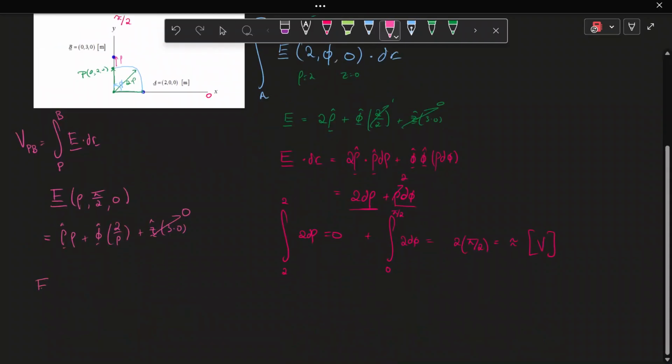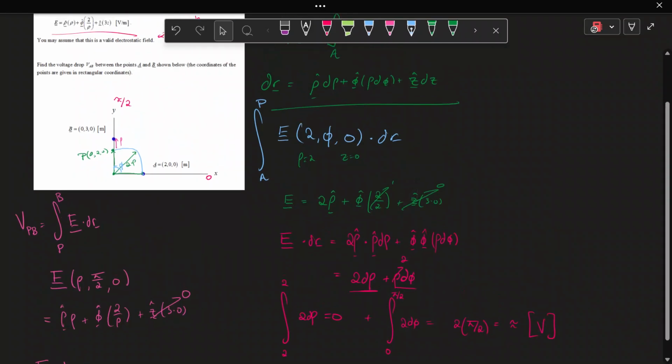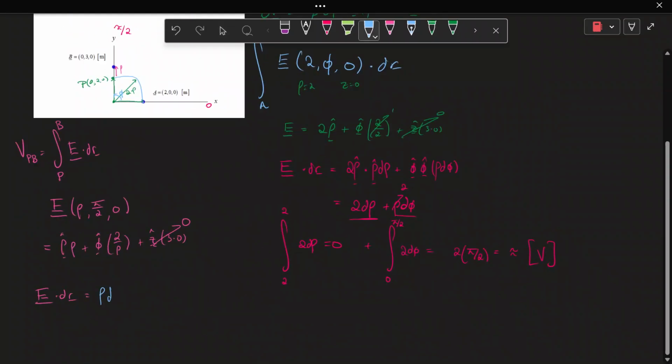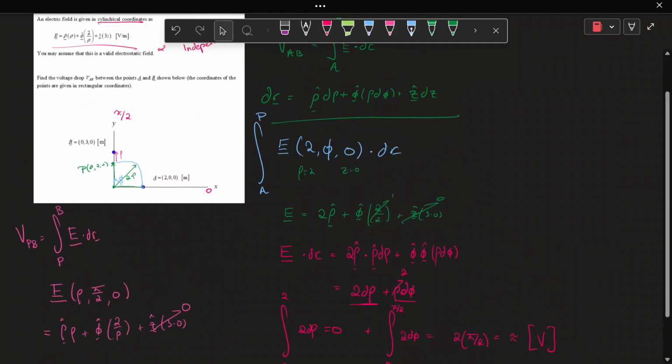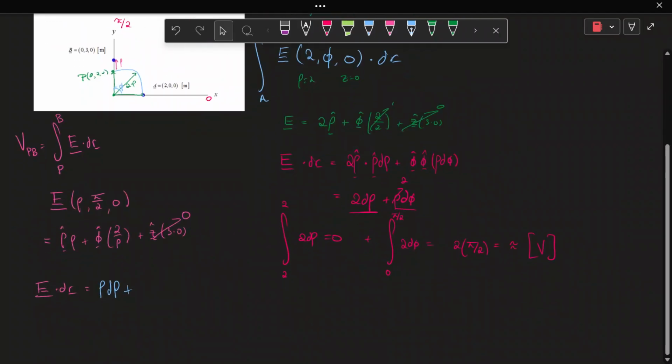Now E dot dr: the unit vectors cancel out, and we have dr, which is rho hat d rho. So we just have rho d rho. Now for the phi component, the phi hats go away, but we have a rho d phi, which is 2 over rho times rho d phi. The rho's cancel, perfect. And we don't have a z component because z is 0 in the electric field.